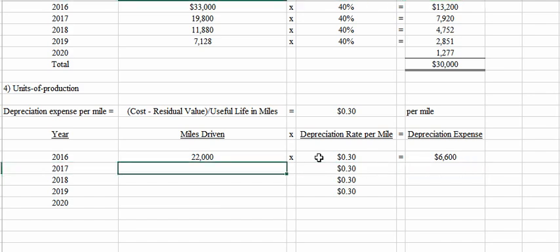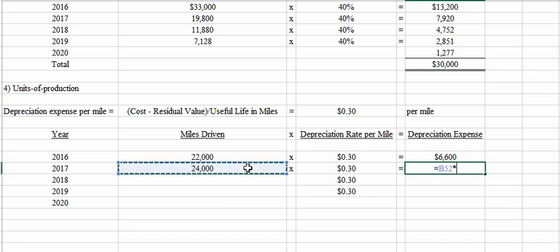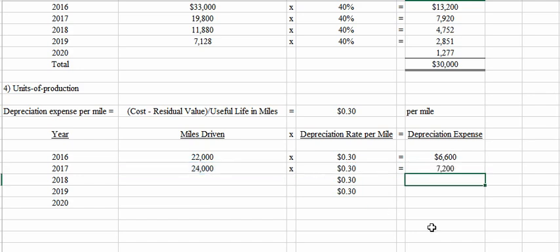Then in 2017, the van was driven 24,000 miles. Times our 30 cents per mile is going to give us our depreciation expense, so that's equal to 24,000 times 30 cents per mile gives us 7,200.